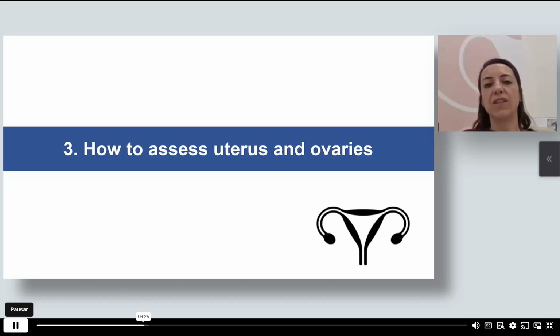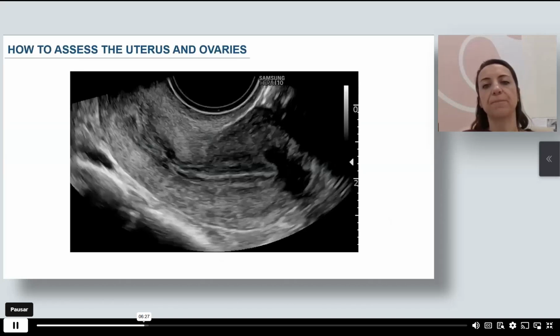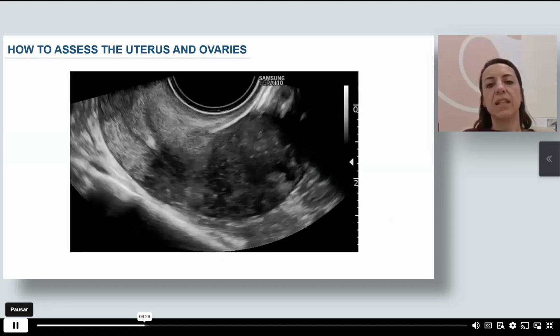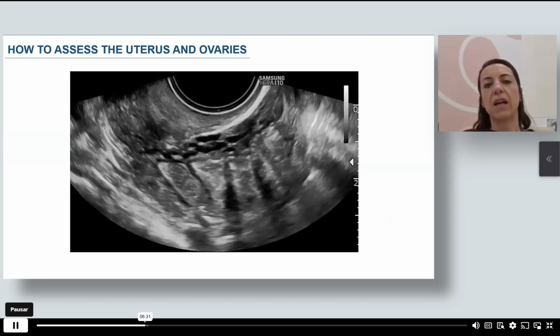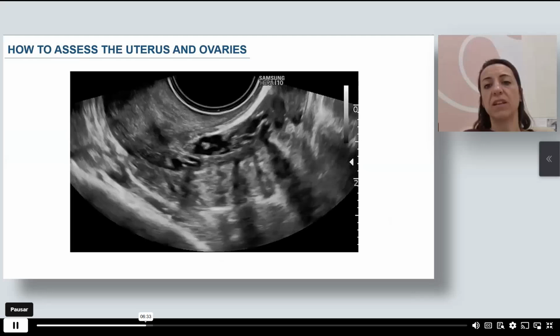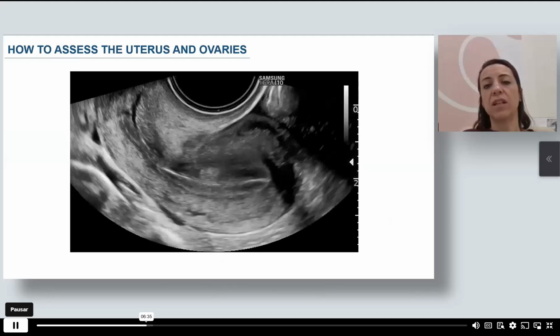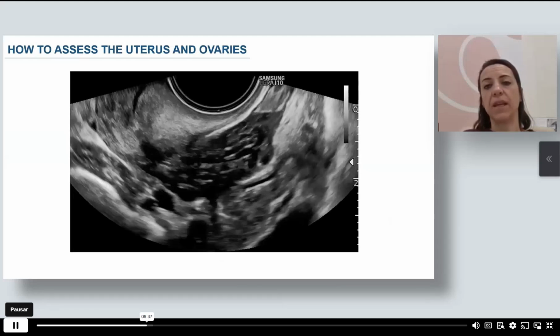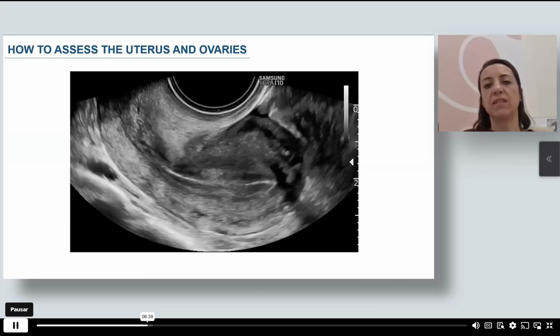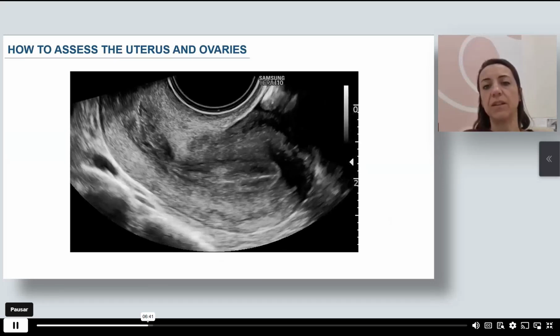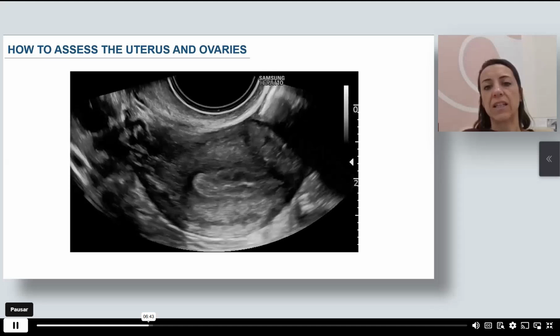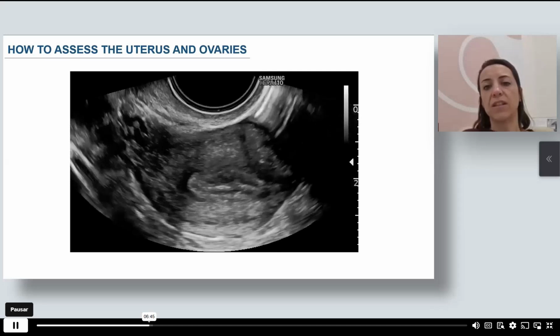Then, how to assess uterus and ovaries. This is a uterus, and we can move the probe side to side to assess all the organ. Then we rotate the probe 90 degrees to assess the same structure in a transversal section.